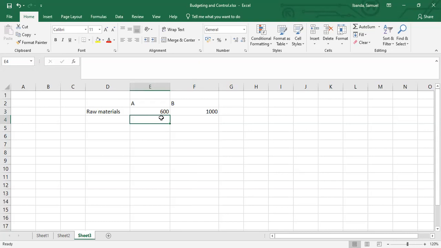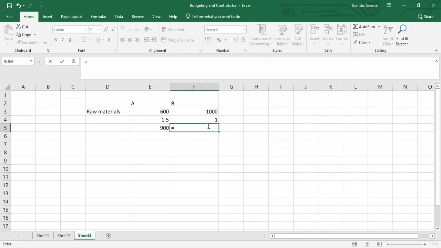And in terms of rates, material A is 1.5, and this is 1.0. Remember, all I want to determine is the value of my closing stock of raw materials, because that is what appears within my balance sheet.